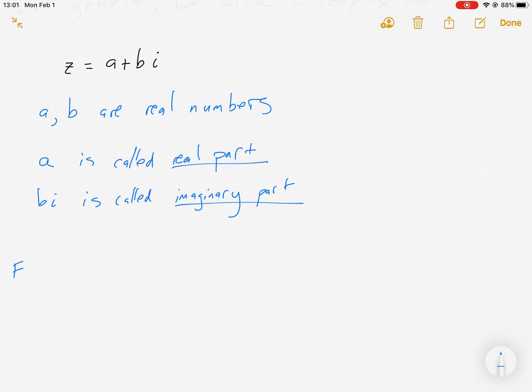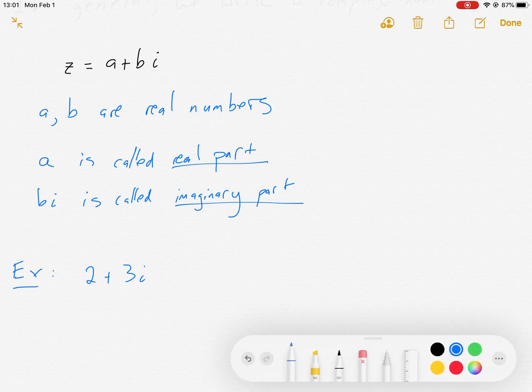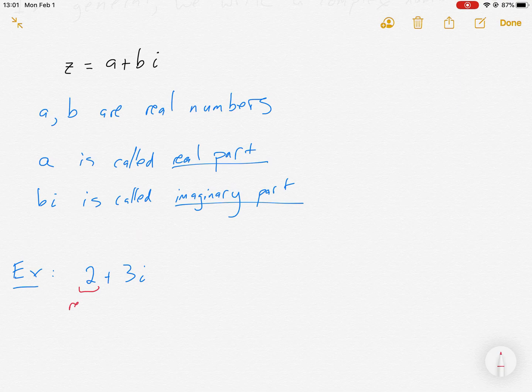So for example, 2 plus 3i would be a complex number in standard form, and we would say 2 is the real portion and 3i is the imaginary portion.